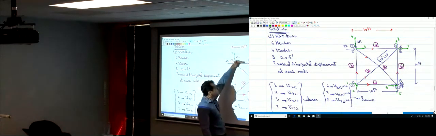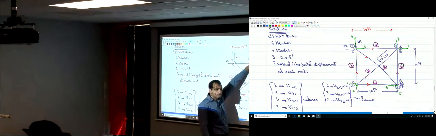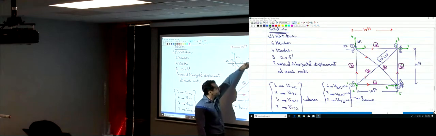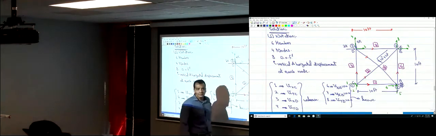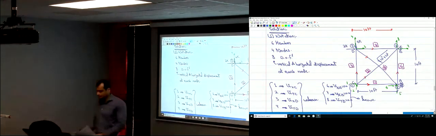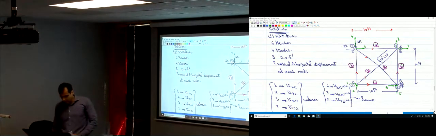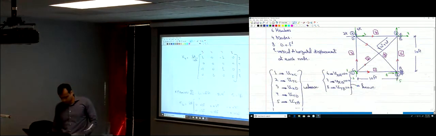It's from the horizontal, the global x-axis, to the local x-axis. So it's negative 45 degrees. So the angle here is negative 45. So theta is negative 45 degrees.